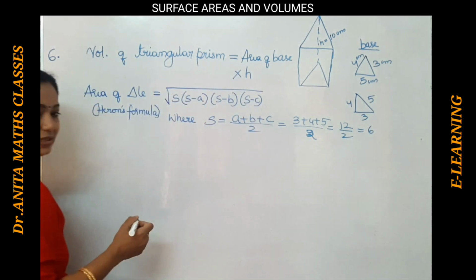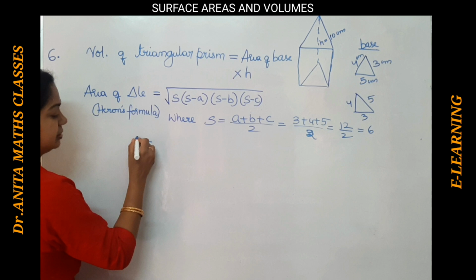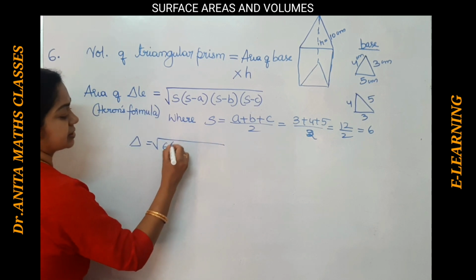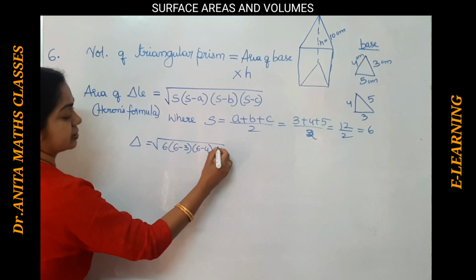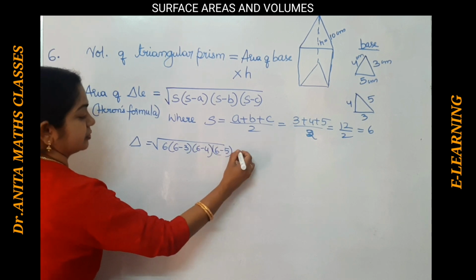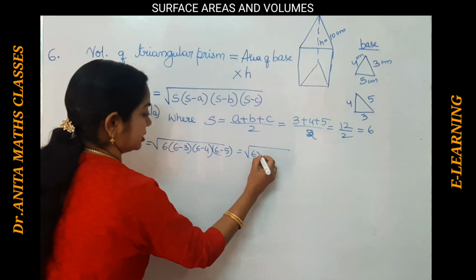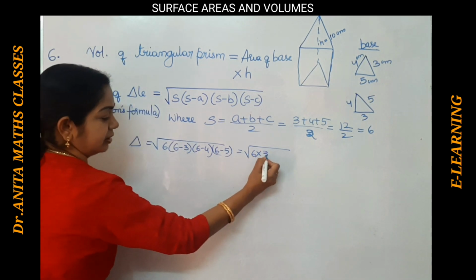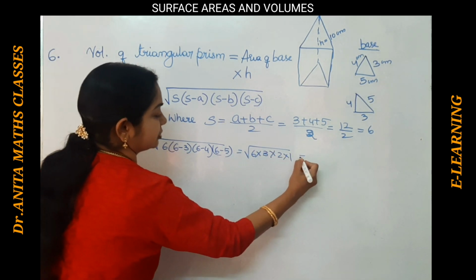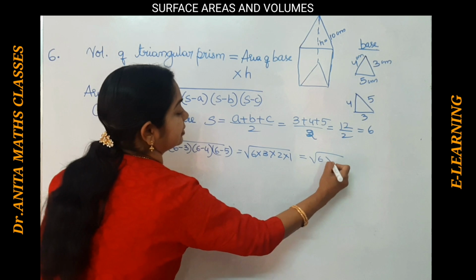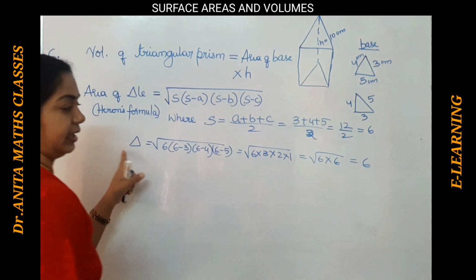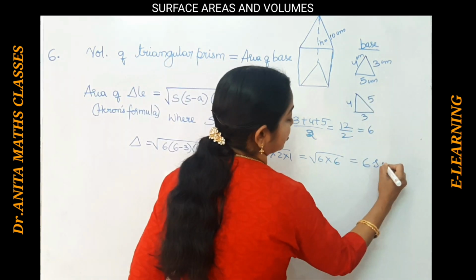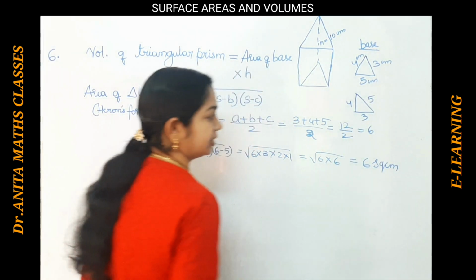So 6 is the S. Let's substitute: 6 into 6 minus 3, 6 minus 4, 6 minus 5. That comes to 6 into 3 into 2 into 1, that is 6 into 6, so the square root is 6. So the area is 6 square centimeters.